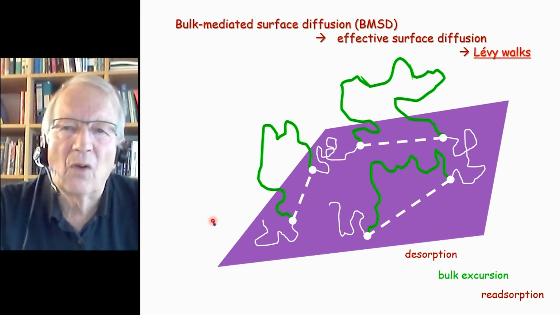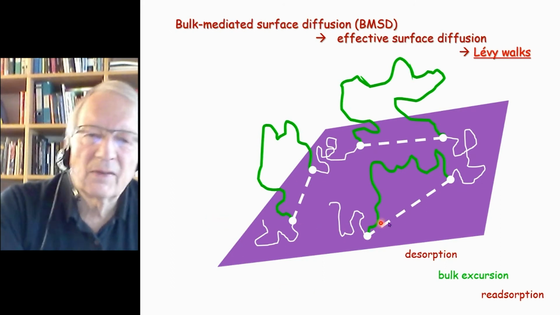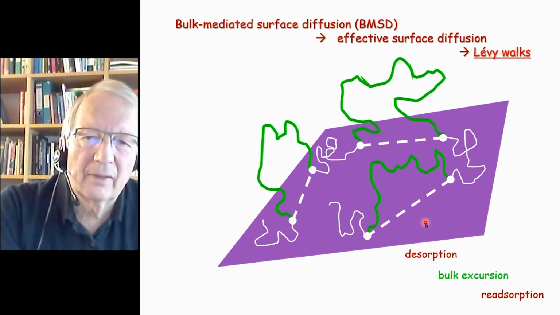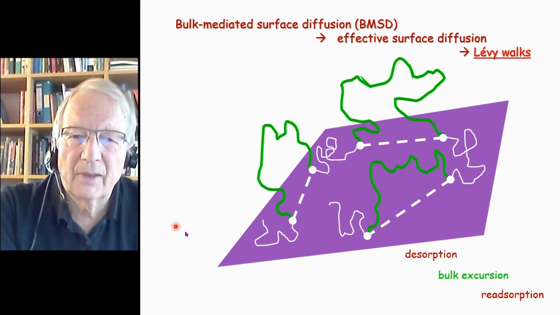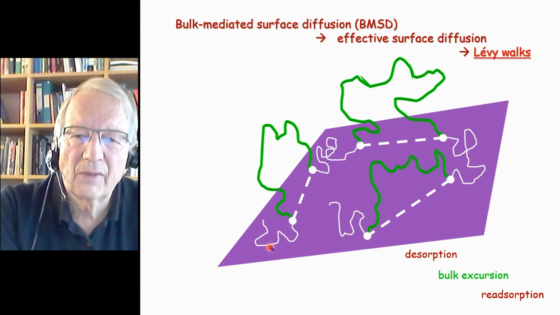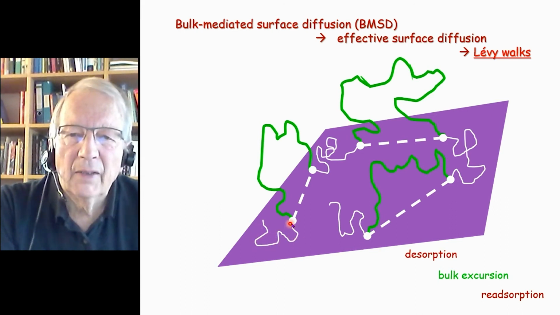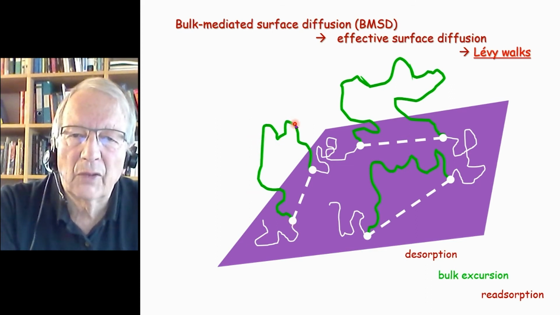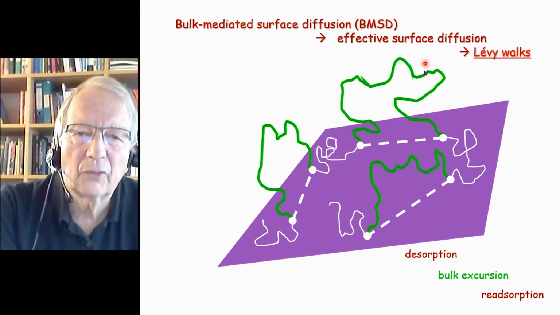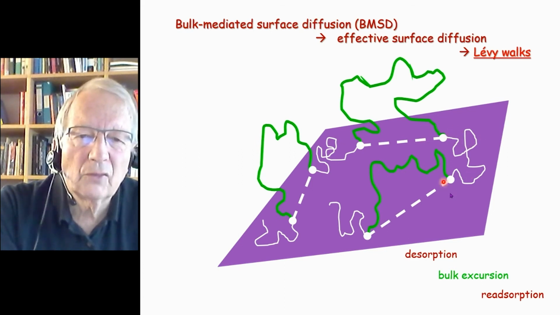What is a Levy flight? This is again a surface, and you see in white this pathway, this trajectory of a particle, of an adsorbate molecule. This can be desorbed, make some excursion to the bulk and return, and diffuse again along the surface, make again an excursion, and so on.